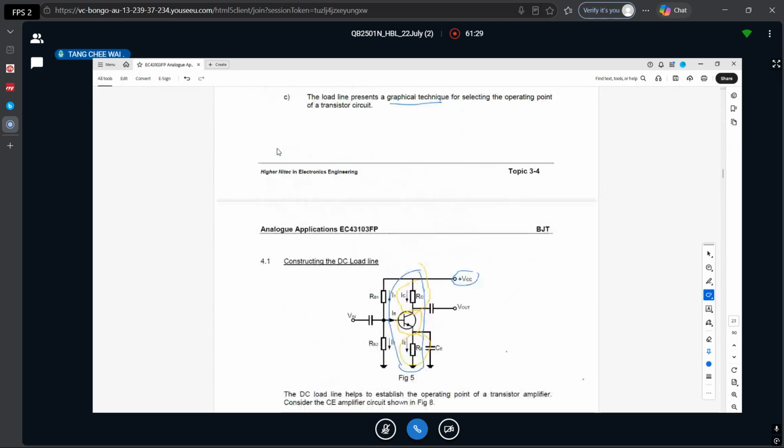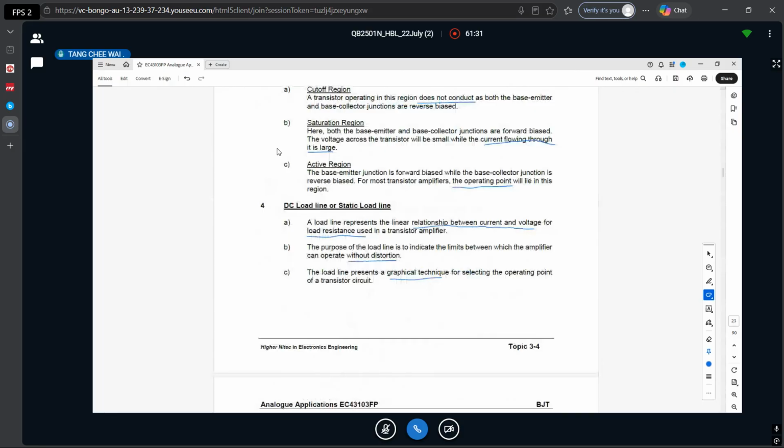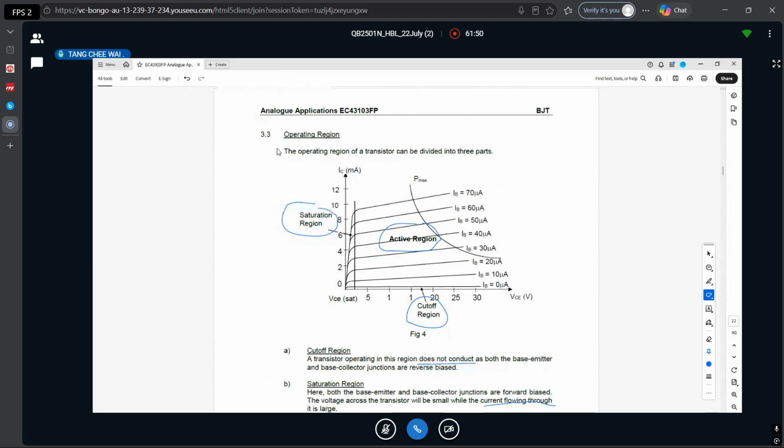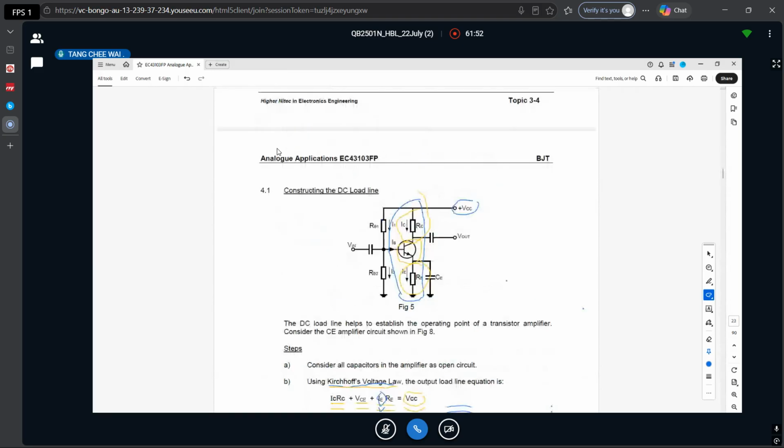Just now this. They didn't really tell you the details, but now when we start to construct the load line, you find meaning relating to these 3 regions: the saturation, the active, and the cutoff region. So from drawing the load line, you start to understand what it means.